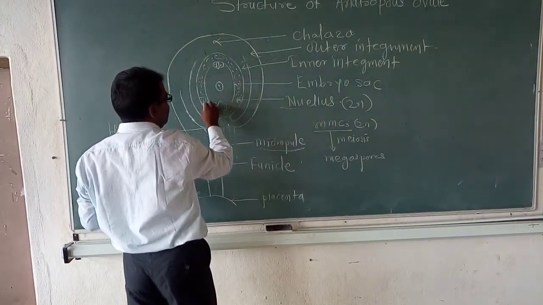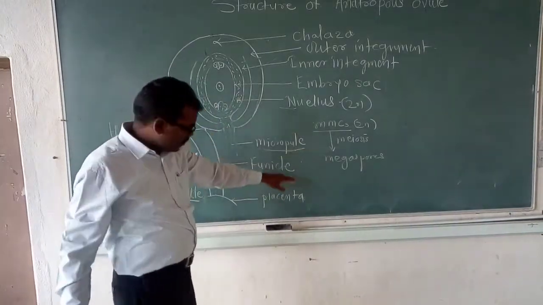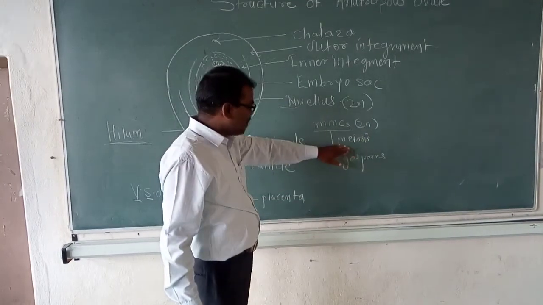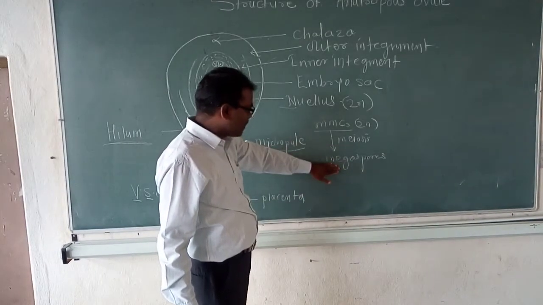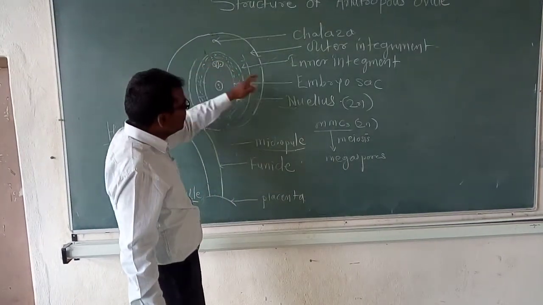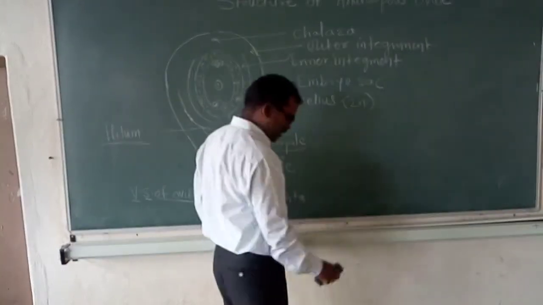These are the nucellar cells. Nucellar cells consist of the megaspore mother cell, diploid in nature, which undergoes meiosis to form megaspores, and from the megaspore there is development of the embryo sac.